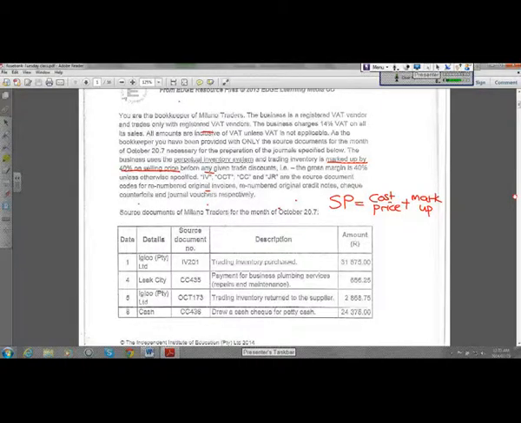So now if we have the cost price and markup, our selling price is 100% of the amount. Our cost price is what we are looking for, but they're telling us that the markup on the selling price is 40%.